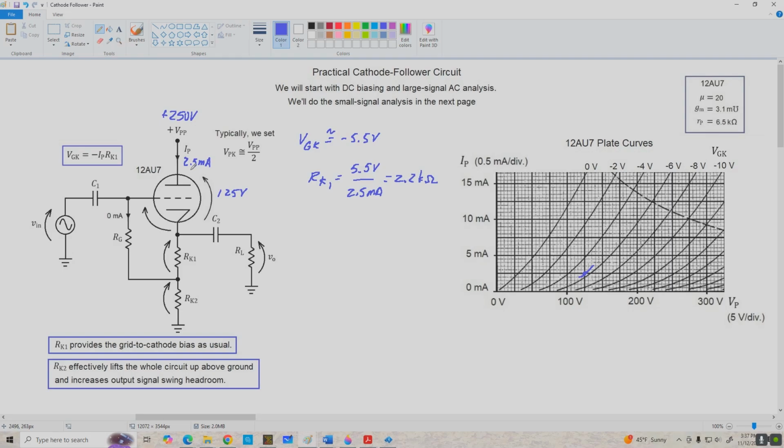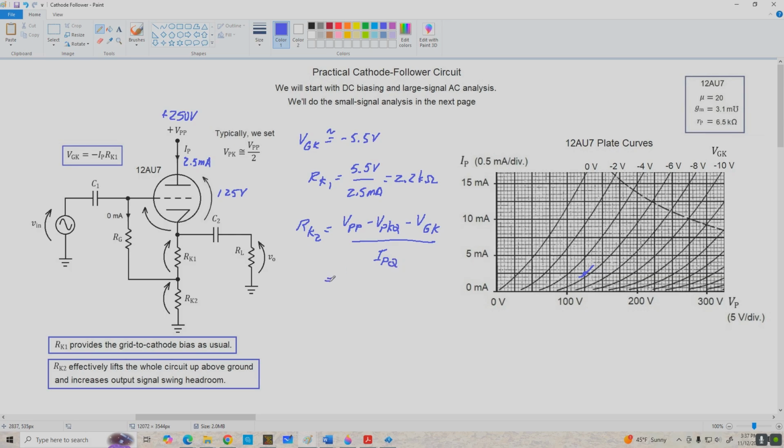And now we have to choose RK2. An equation we could use here, using Ohm's law, is RK2 equals VPP minus VPKQ minus the drop across RK1, which would be VGK, just using the positive magnitude, divided by IPQ.